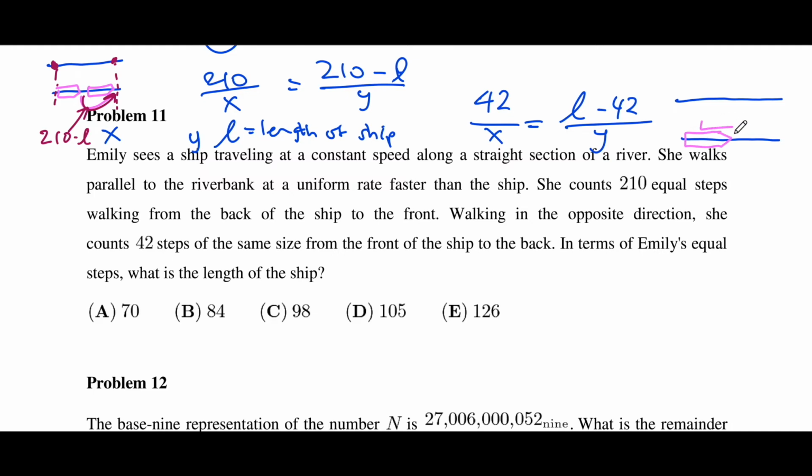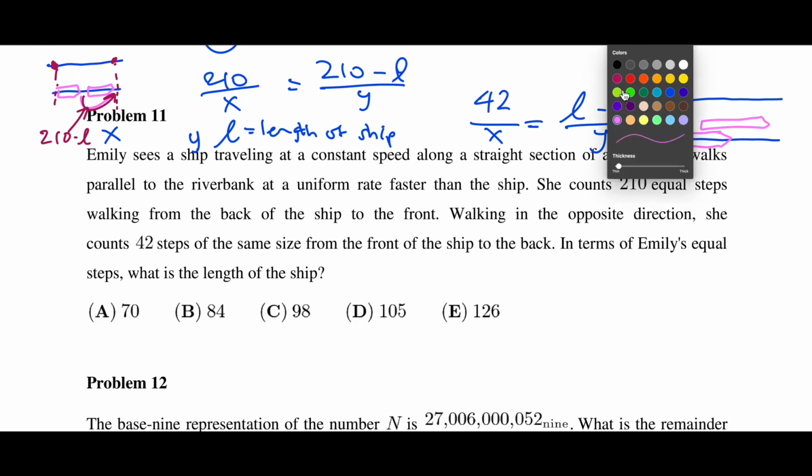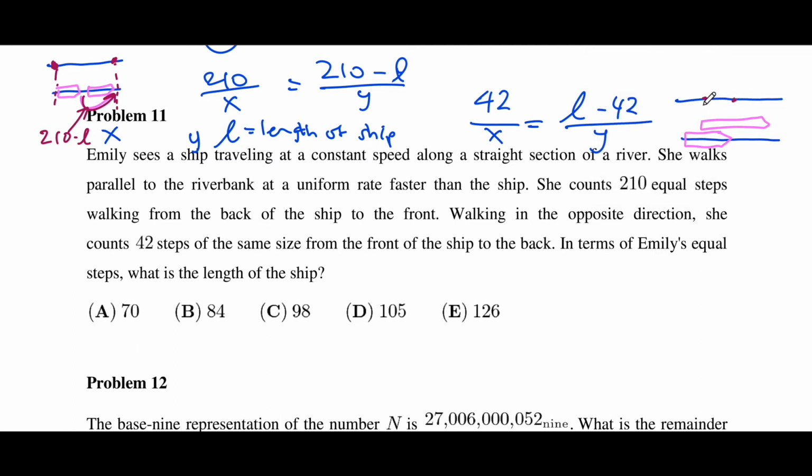and now it's here. And as for Emily, she started here, and now she's here, and this is 42.